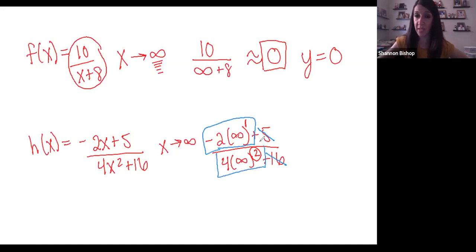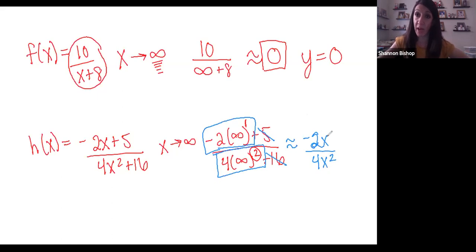The meat and potatoes of how a polynomial acts is based on its degree. So these polynomials are essentially going to act like just -2x and 4x squared.